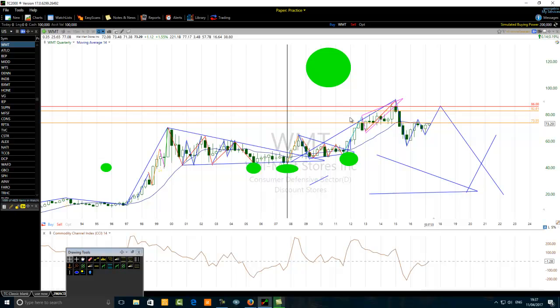Check investopedia.com, go there and search for triangle chart pattern, and they will show you all types of triangles. But remember that we are Elliott wave traders and we want to know where the triangle is formed. But reading those articles will also help you to understand the triangle, all right?